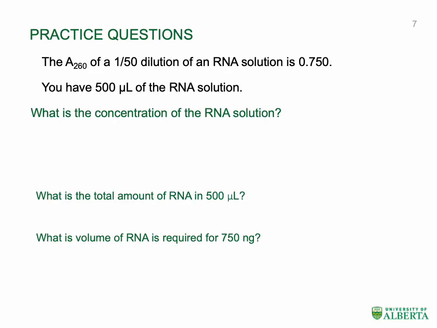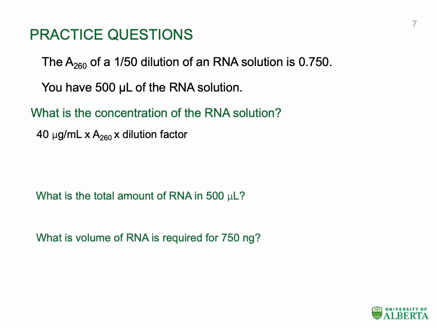Take the time now to stop the video and try these 3 practice questions. The first question asks you to determine the concentration of an RNA solution. This is very similar to the example on the previous slide, except this question is talking about RNA and I threw in a dilution.